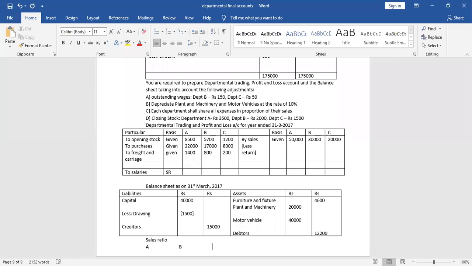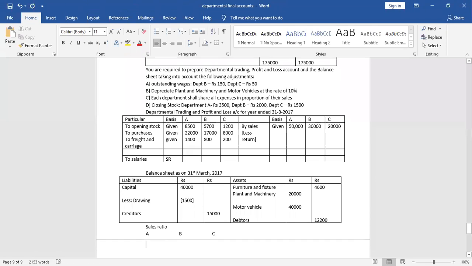A, B, C: 50,000, 30,000, 20,000. So what is the ratio? 5:3:2. 4 zeros cancel and 5:3:2. Divide salaries in the ratio 5:3:2.